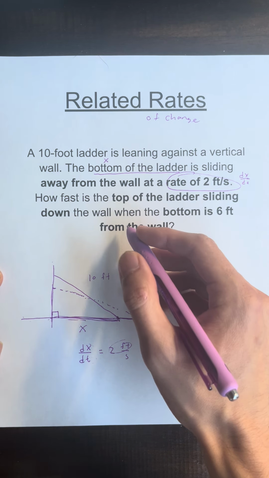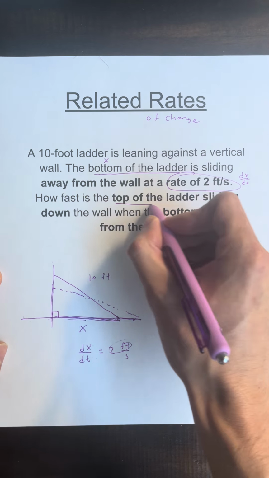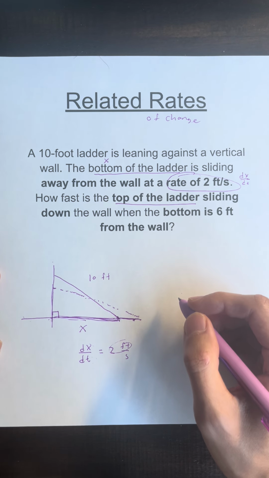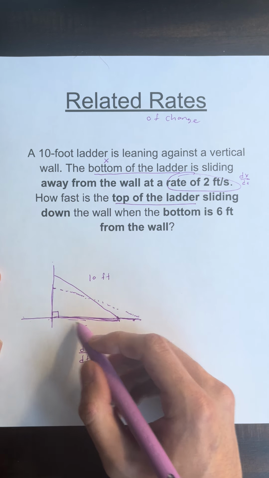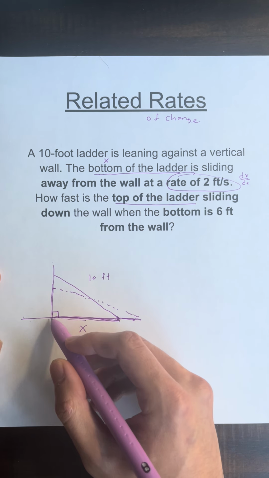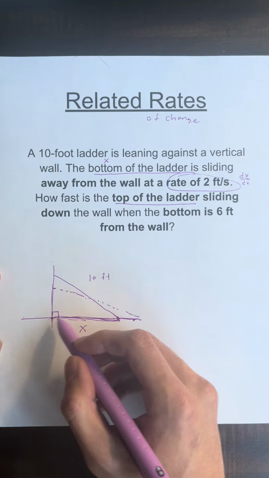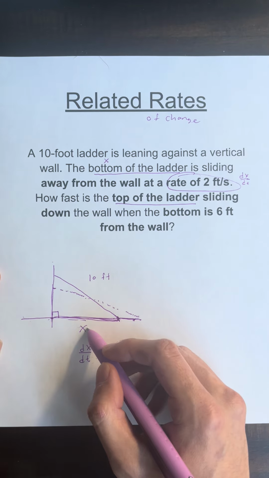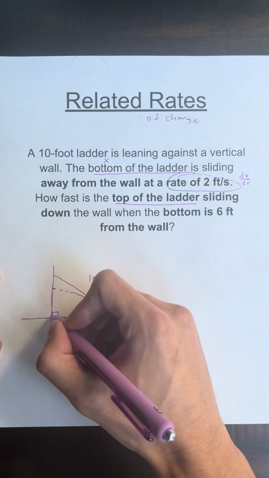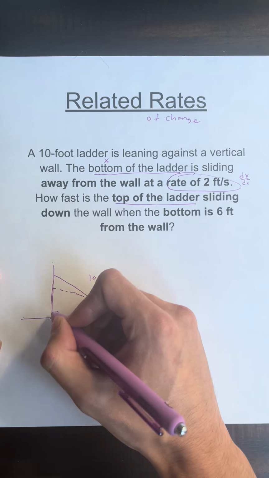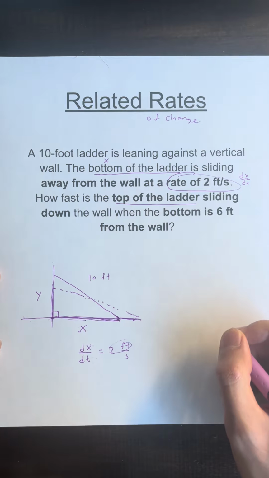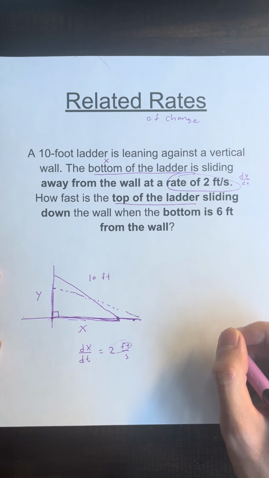So the top of the ladder is changing. It's sliding down. If we're going to call the distance between the wall and the bottom of the ladder x, then we should call this length y, right?